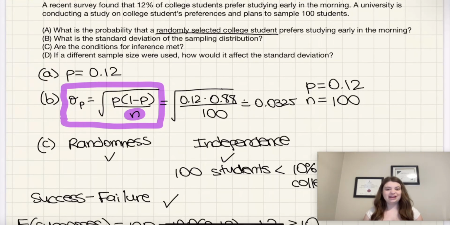There could be a lot more variety of results in a smaller sample, right? And so if we think about it that way too, we would come to the same conclusion that having more students would make the standard deviation be less, and having fewer students would make it more likely that we would end up with a higher standard deviation.